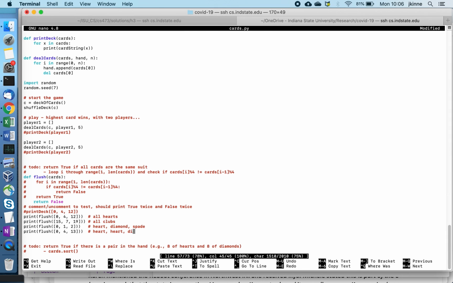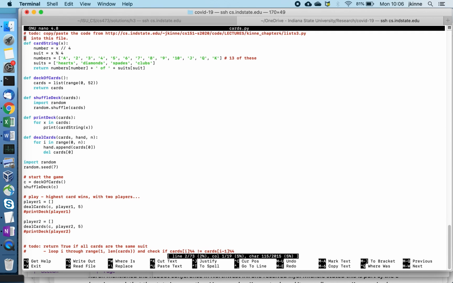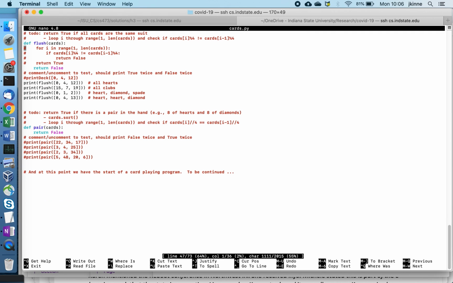That's a diamond. So the definition of flush says all the cards have to have the same suit. This should give a false. So if our code is correct, we should get trues on both of these and falses there. I'm going to run it. Right now it says false on all of them because I don't have my code in there.